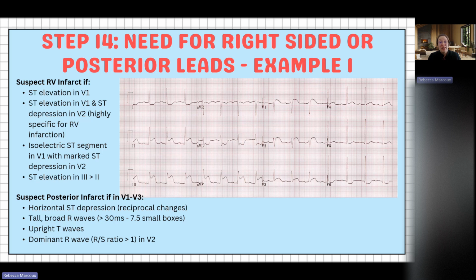We do have upright T waves, but again, the patient is infarcting in those leads, so it's not super useful. So our posterior signs are not super helpful when we're already infarcting that area. It's still absolutely not wrong to look at the posterior, but if you're having trouble convincing your practitioner, you should be able to definitely convince them to do RV leads.